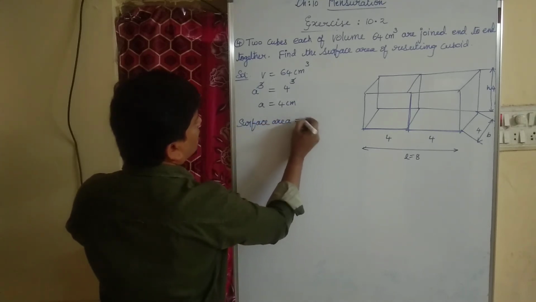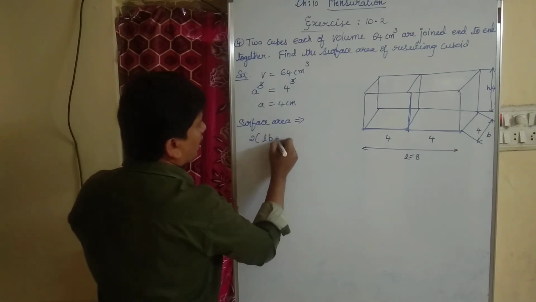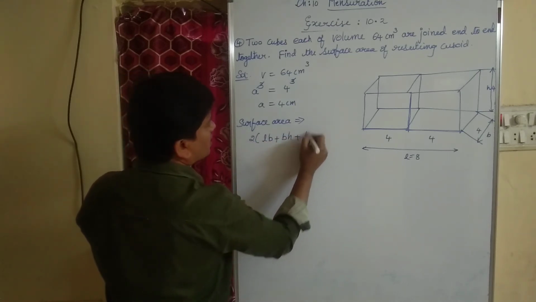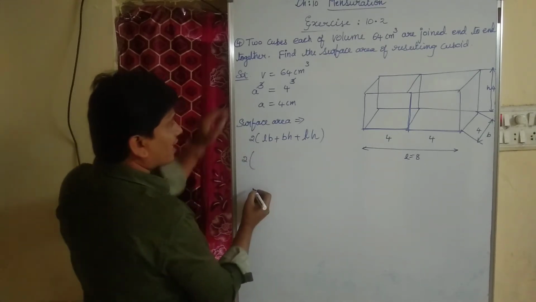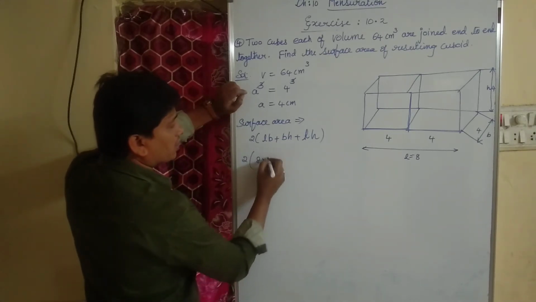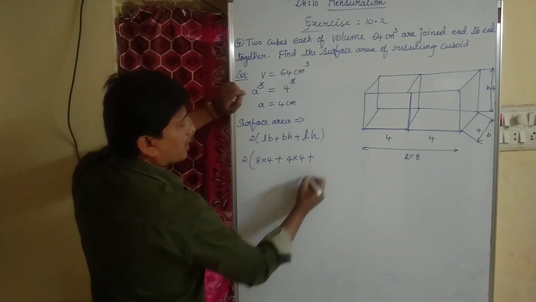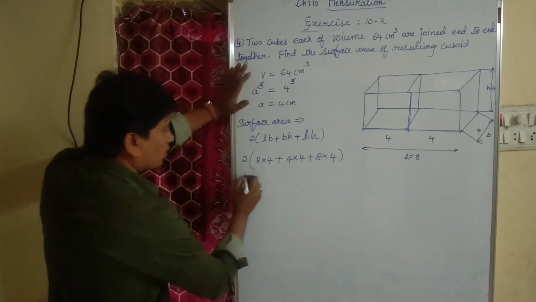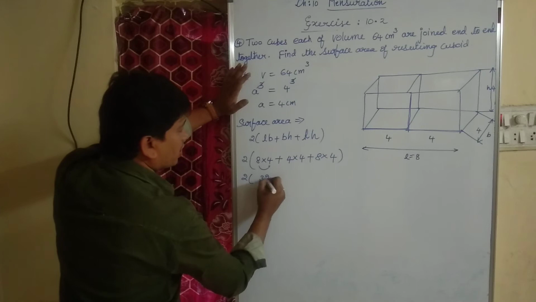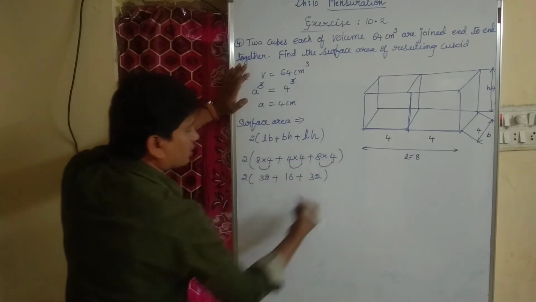So surface area of the resulting cuboid, we have the formula 2 into lb plus bh plus lh. So 2 into, as length is 8, breadth is 4, plus breadth 4, height 4, plus length 8, height is 4. 2 into 8 4 ja 32, 4 4 ja 16, 8 4 ja 32.